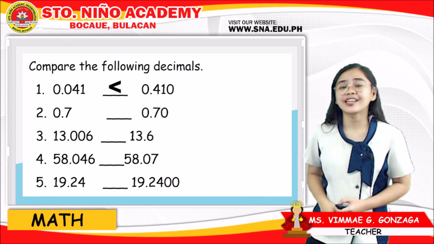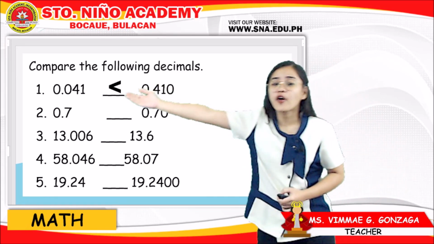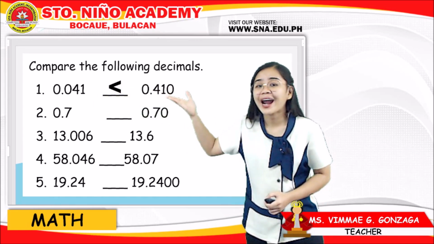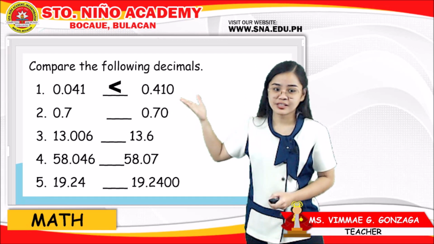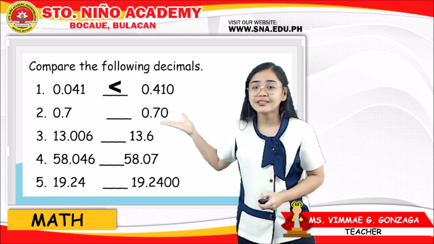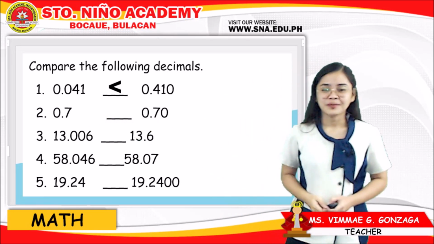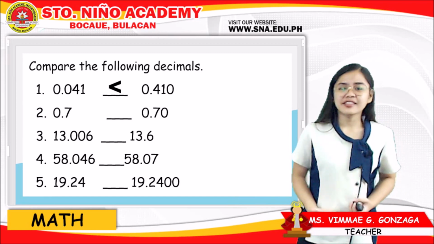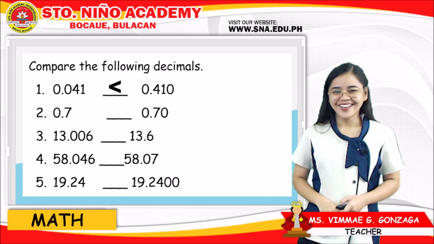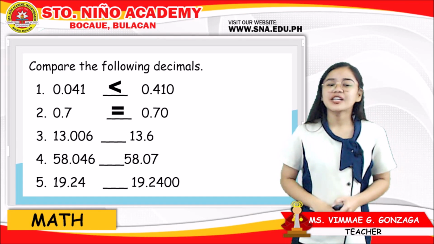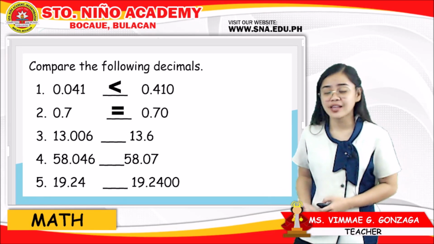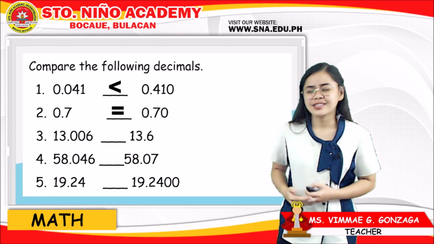Of course, that is less than because 41 thousandths is less than 410 thousandths. Next, 7 tenths and 70 hundredths. Greater than, less than, or equal? Okay, so if your answer is equal, that is correct. Kapag ganito mga anak ang nakita ninyong example, equal po sila.